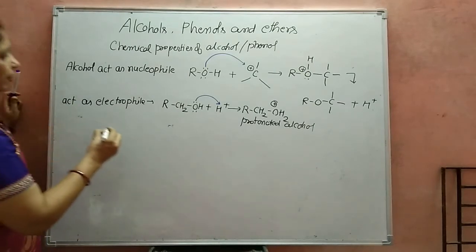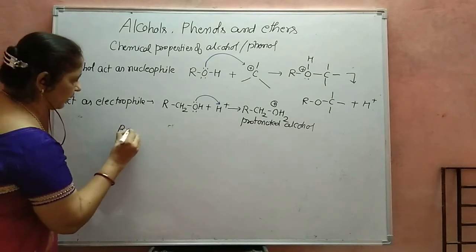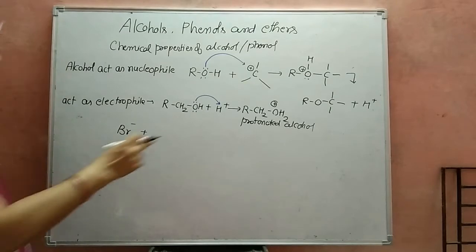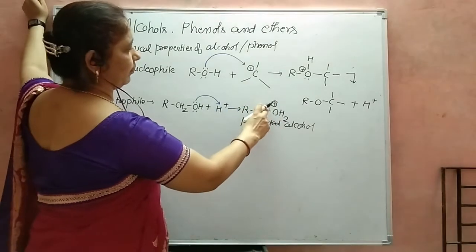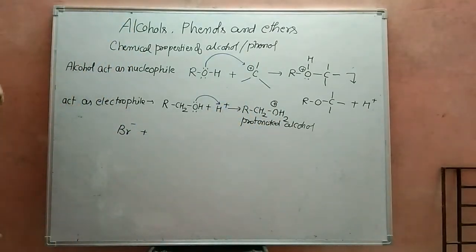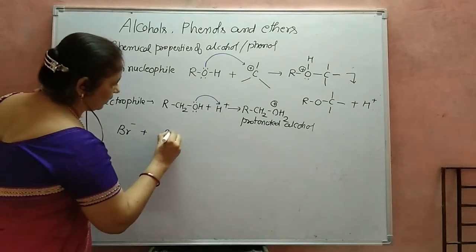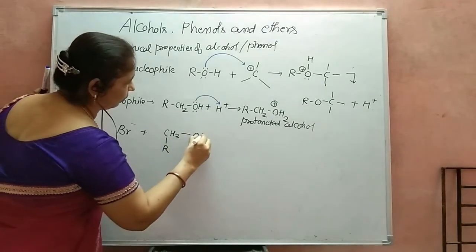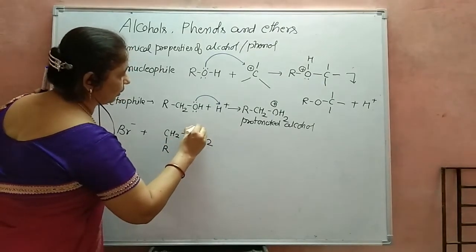Suppose some nucleophile such as Br negative. अब ये positively charged क्या होगा? Delocalized होगा. और if it delocalizes to the positive charge on carbon atom, कैसे delocalize होगा? RCH2OH2 positive.